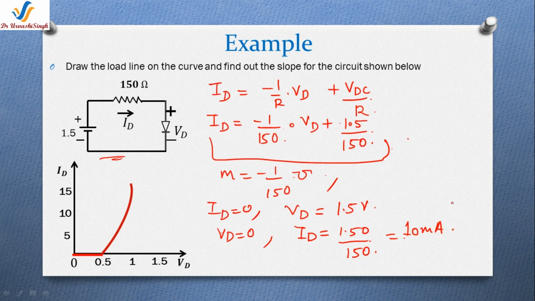So we have 2 points, that is (1.5, 0) and (0, 10 milliampere). Joining these 2 points, we will have the load line on the forward characteristic of the PN junction diode, and here it is intersecting the forward characteristic. So this point is the operating point.